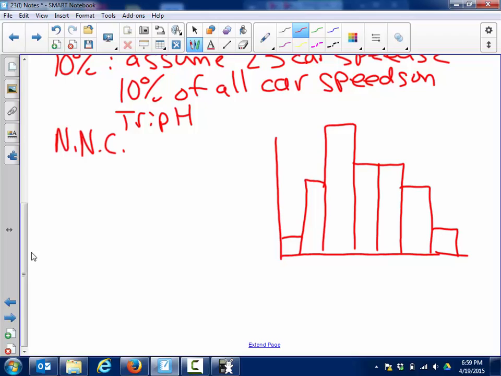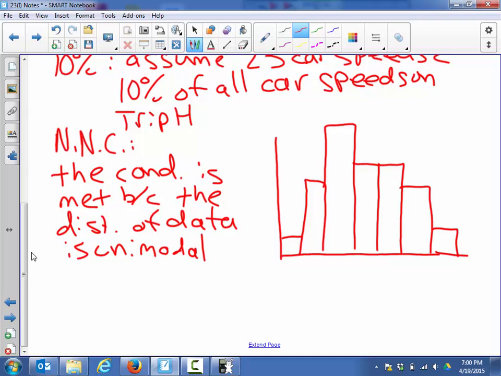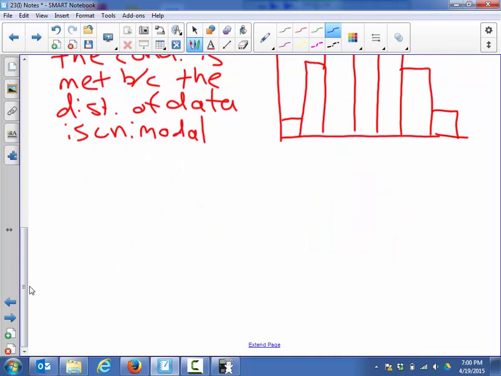The nearly normal condition says we will meet the condition so long as the data takes on a normal bell curve like shape based upon the sample size. If we've got 23 data values here, which we added up before, we don't have to have a symmetric distribution, but we do need a unimodal distribution. So we are going to draw what we see. Essentially something like this.